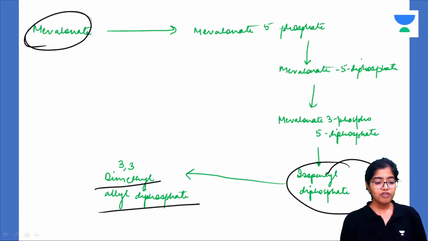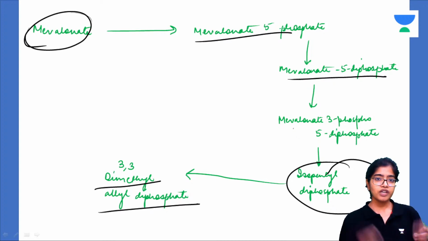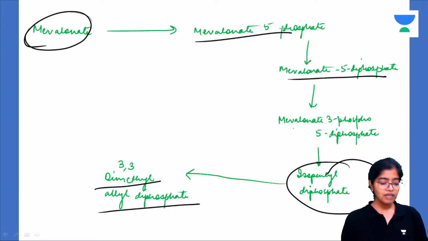Okay, so mevalonate will first form mevalonate 5-phosphate, then mevalonate 5-diphosphate, mevalonate 3-phospho-5-diphosphate. These are the intermediate products wherein the phosphate group is being added. Okay, high energy phosphate group, and now it changes into isopentyl diphosphate, which is an isoprenoid unit. Then it changes into dimethyl diphosphate.